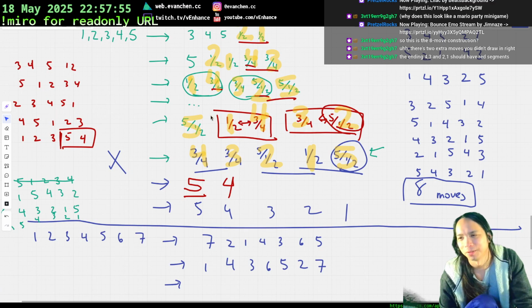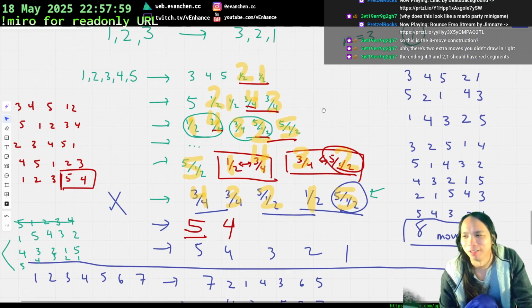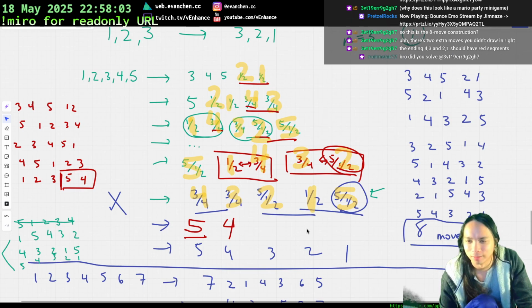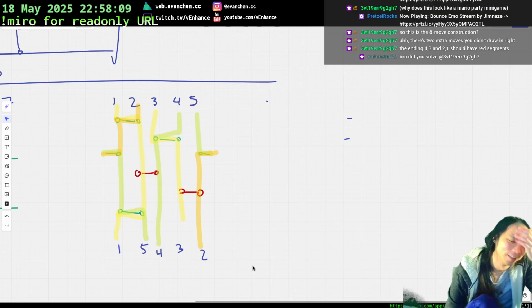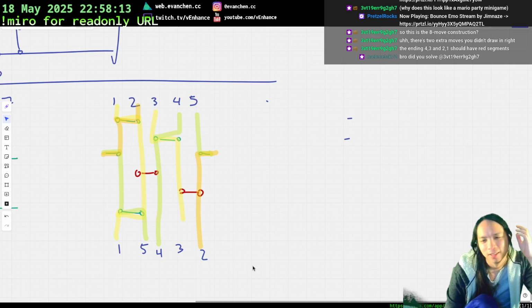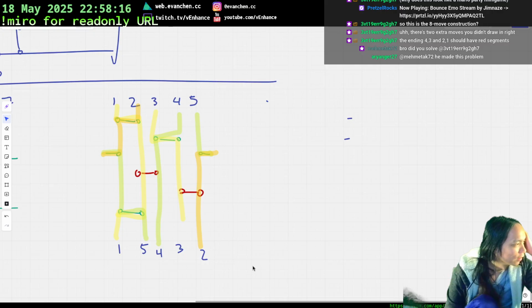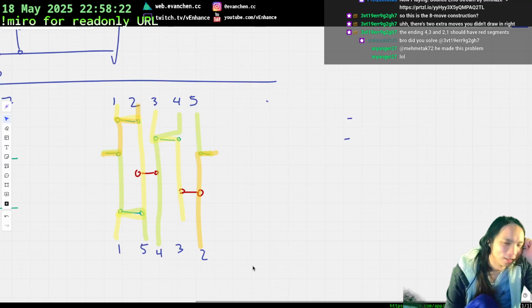Sorry, this is the A move. I'm realizing now I never got the 6.5 move one correct, for that matter. So I should probably work that out first, right? Got it. Dude, I hate this.